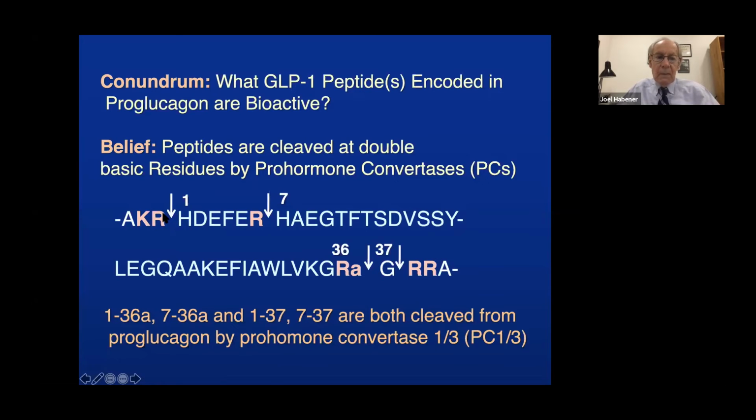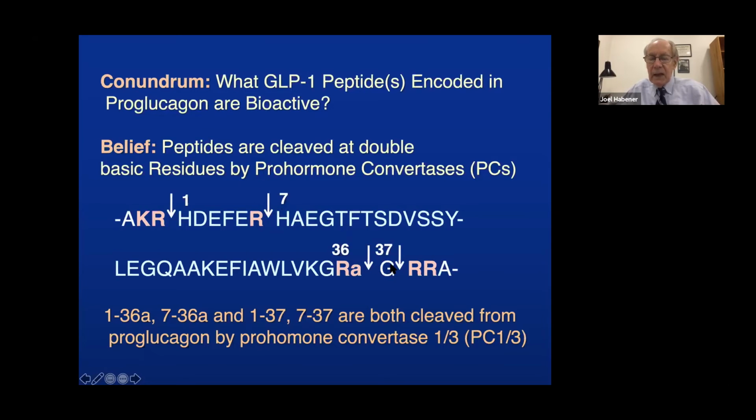But then it started with histidine, which is the hallmark starting sequence of glucagon and glucagon-like peptides, and then went 6 amino acids with a single arginine, then started at position 7 with another histidine, and went out this way. So the best guess at the beginning was that the cleavage would take place here, and the GLP-1 sequence would be from 1 to the C-terminal, 36 or 37, because the C-terminal also had 2 different cleavage sites.